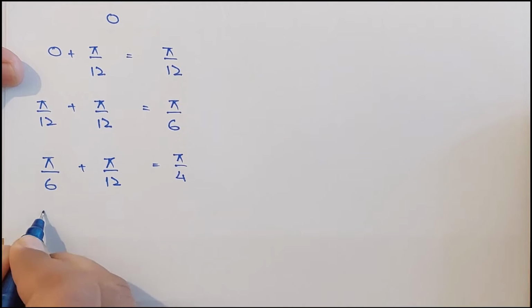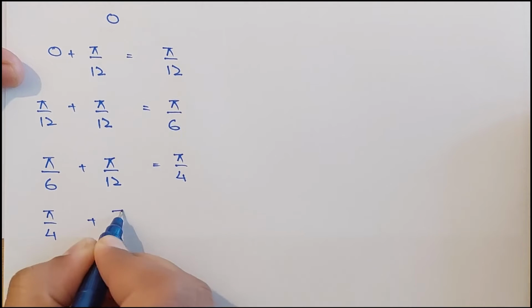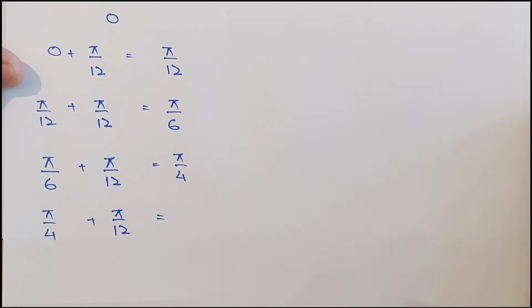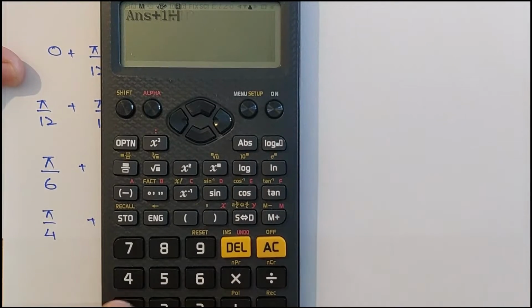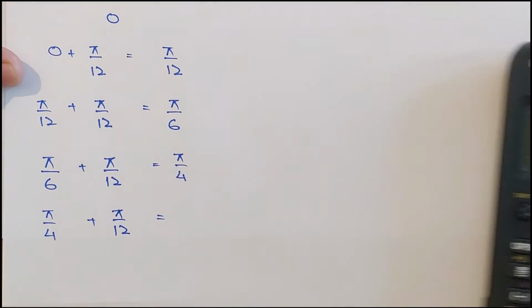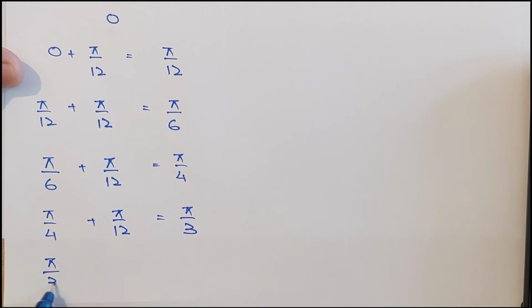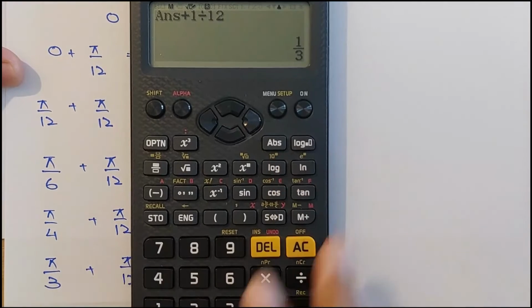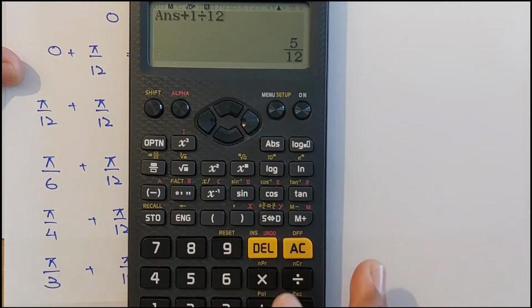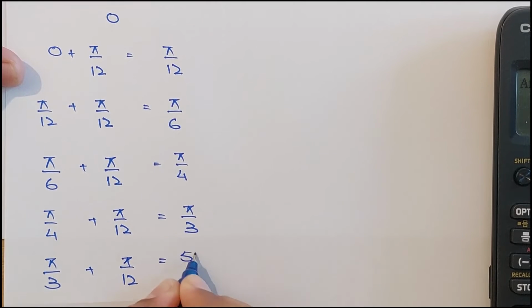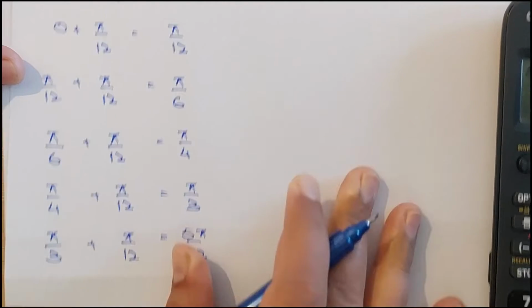Right. Now pi by 4, adding pi by 12, is pi by 3. Pi by 3, adding pi by 12, is 5 pi by 12. Right.